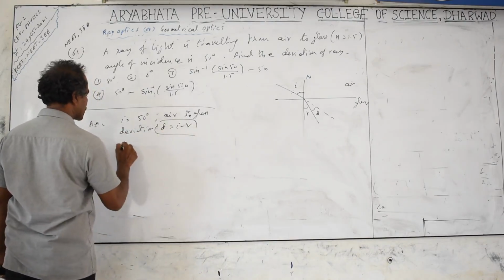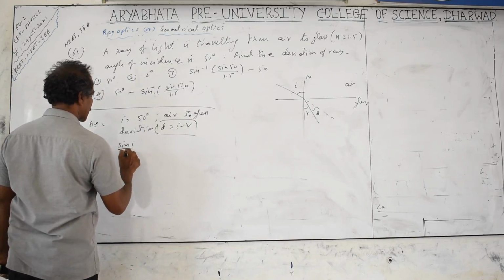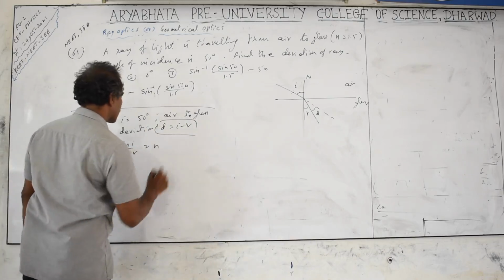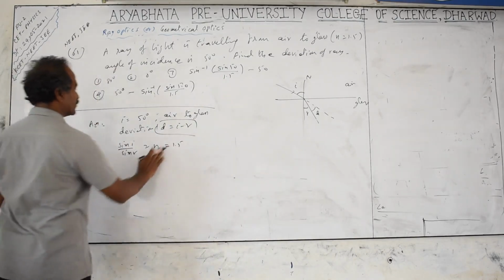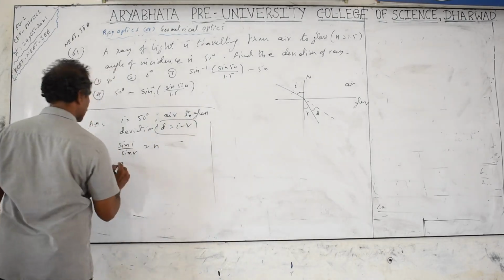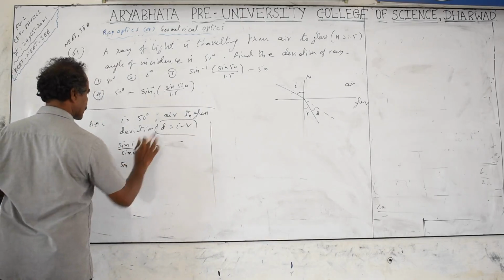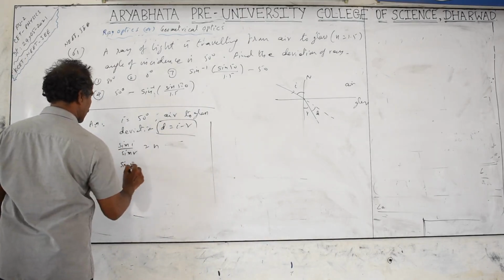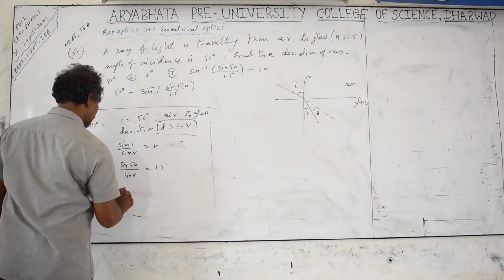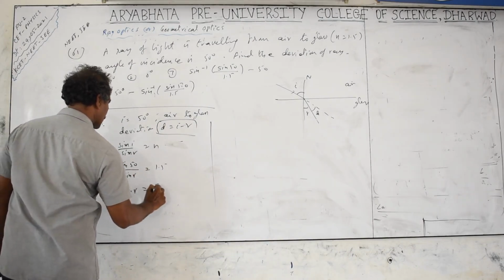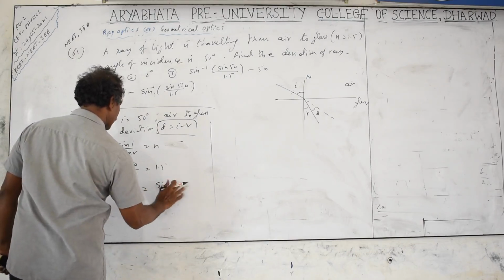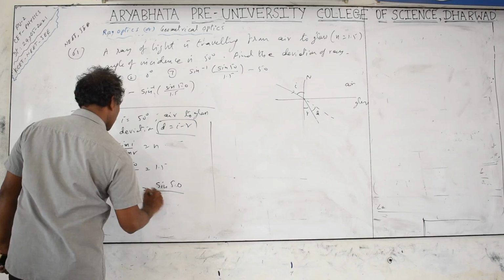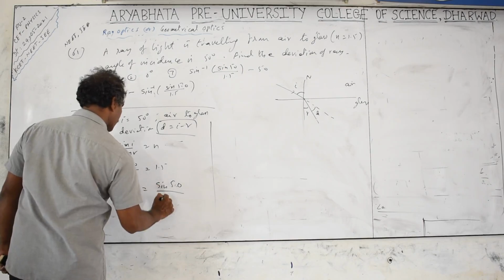Snell's law: sin I by sin R equal to n, that is equal to 1.5. It is going to be sin 50 by sin R equal to 1.5. That means sin R is equal to sin 50 by 1.5.